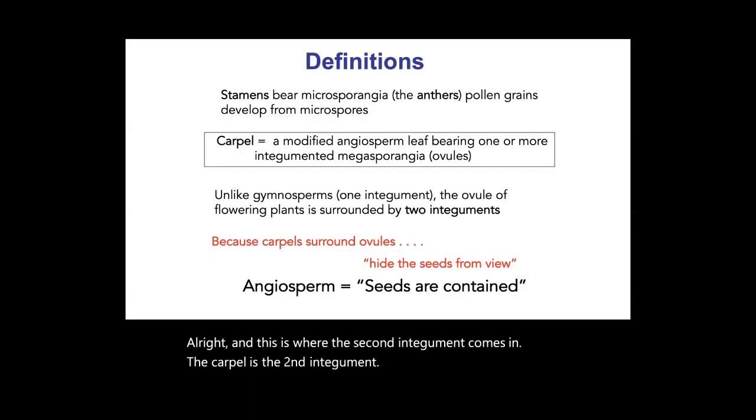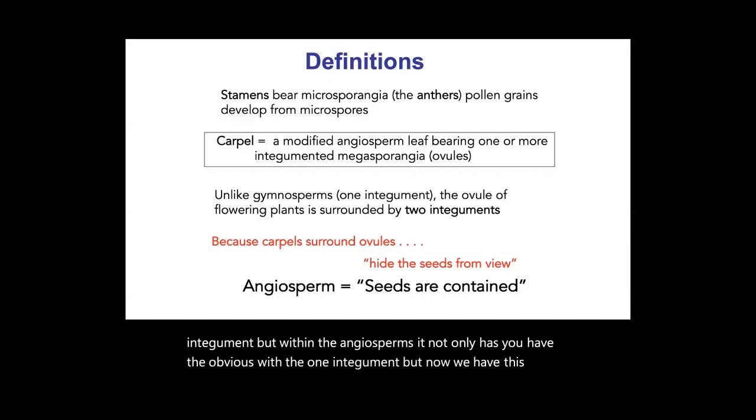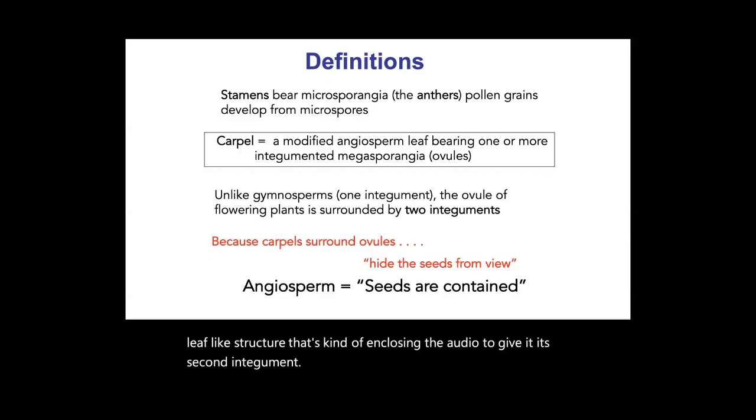If you remember the gymnosperms, we only talked about one integument, which is the ovule. The ovule just contains one integument. But within the angiosperms, you have the ovule with the one integument, but now we have this other leaf-like structure that's enclosing the ovule to give it its second integument. The carpel makes the second integument.